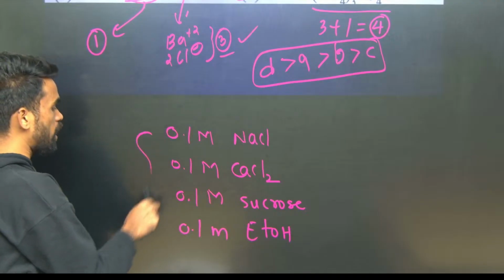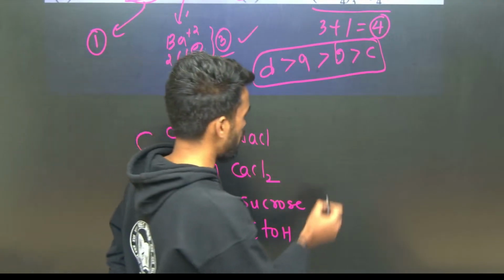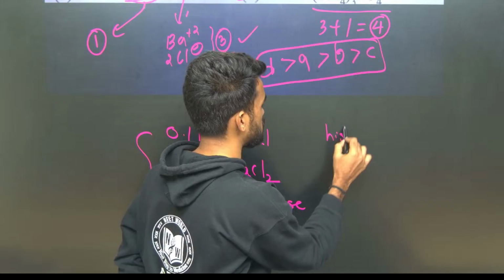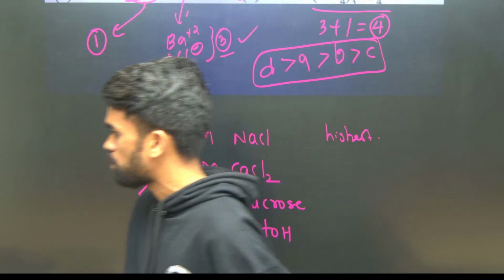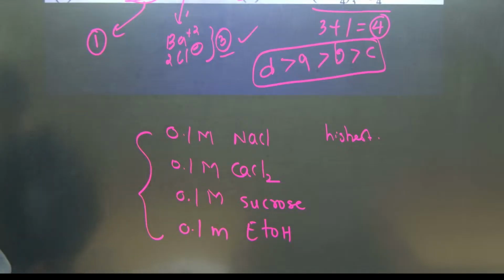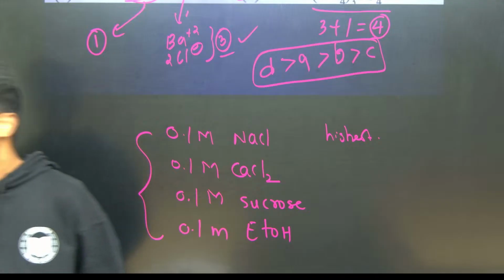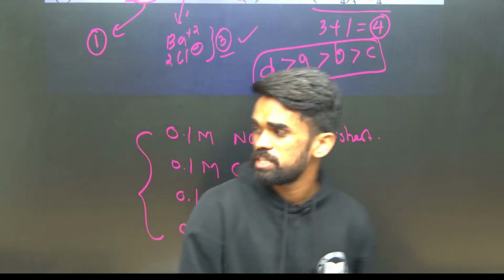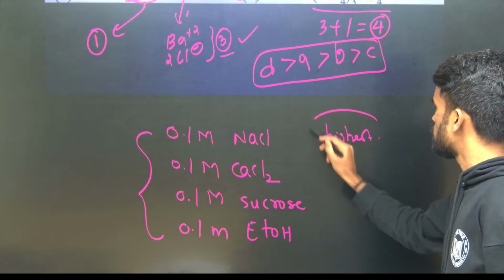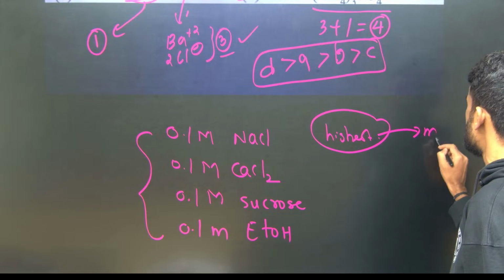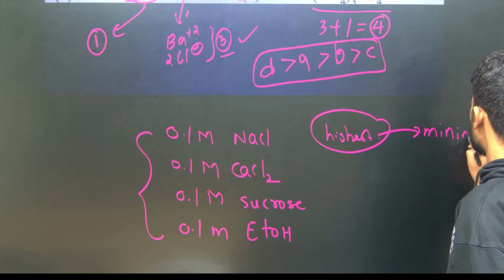Answer this question, arrange them from highest to lowest colligative properties, in the comment box. I will be looking into it. Just tell me your answer in the comment box.